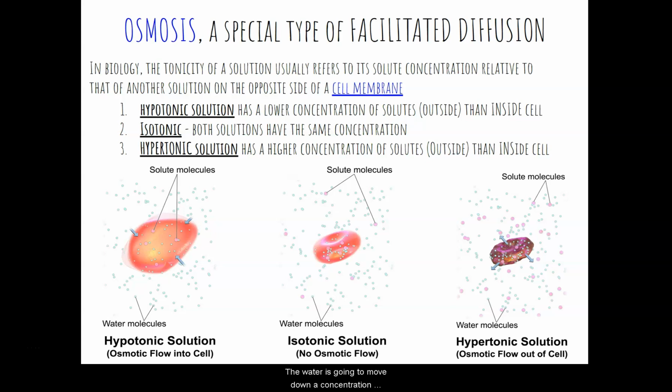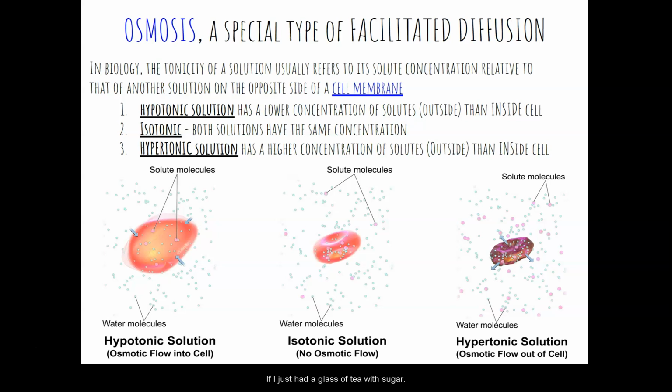And so water is going to move down its concentration gradient from the highest concentration of water to the lowest concentration of water, which means that it's going to move inside of that cell. So the word osmotic flow simply is referring to the direction that water is going to move across that membrane. So hypotonic means that you have got low concentration of solutes outside the cell compared to inside the cell.